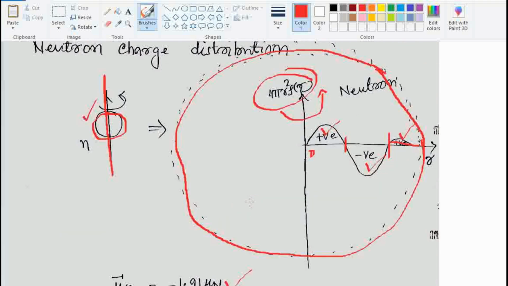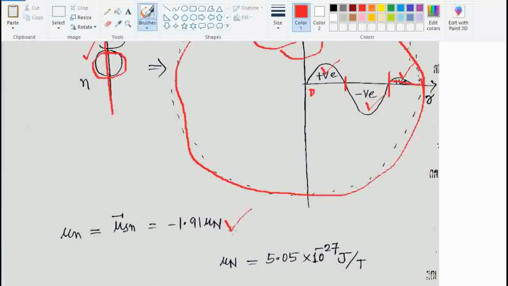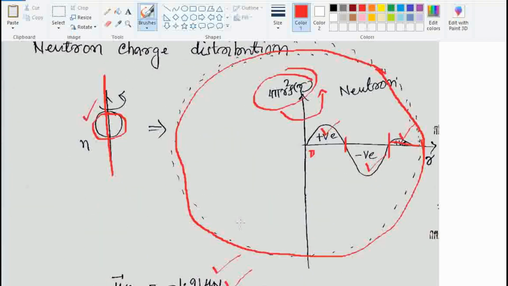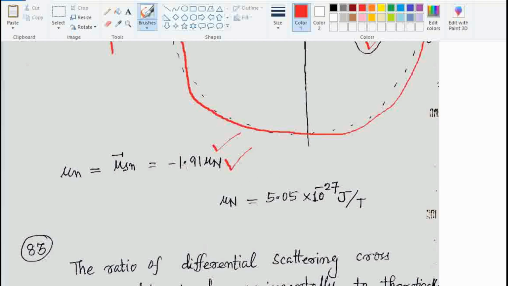It is better to remember the final value, like for proton, like for neutron, the magnetic moment. Actually this is the logical explanation: as the negative contribution is dominating the positive contribution inside the neutron, that's why minus 1.91 is the correct one, where mu N is the nuclear magneton whose value is 5.05 into 10 to the minus 27 joule per Tesla.